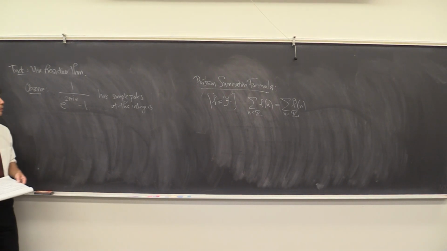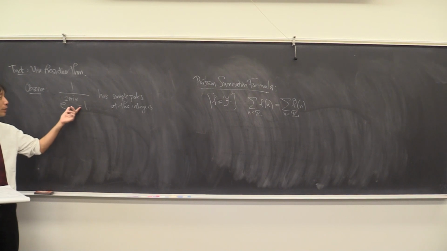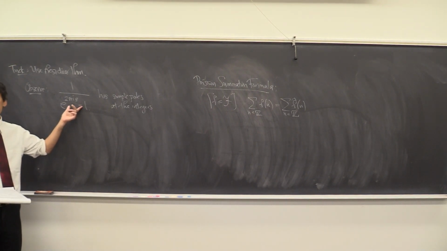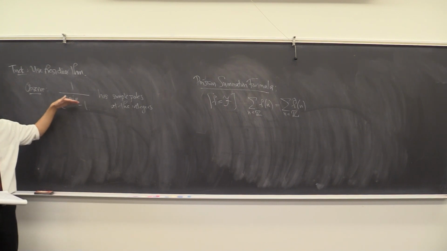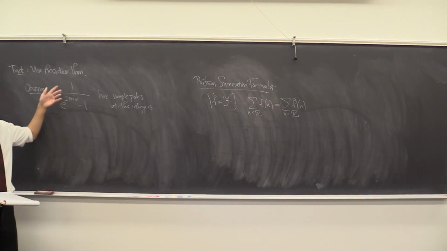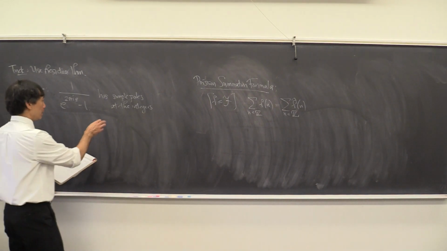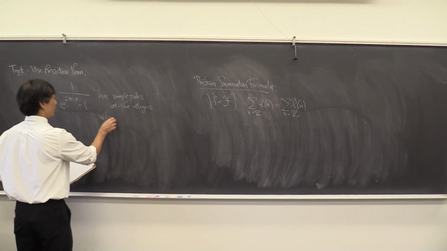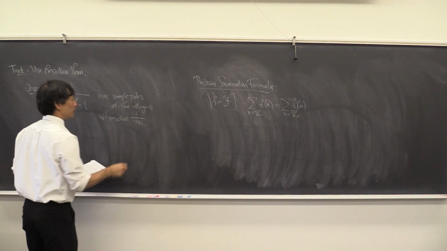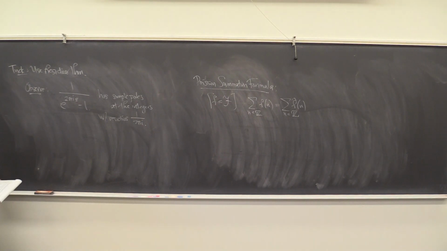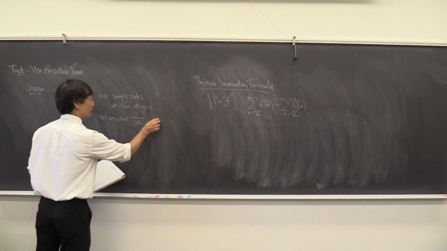The denominator is 0 at the integers, and it has simple zeros there, so this reciprocal is going to have simple poles at the integers. If you calculate the residues, they're all 1 over 2 pi i. Maybe an exercise.